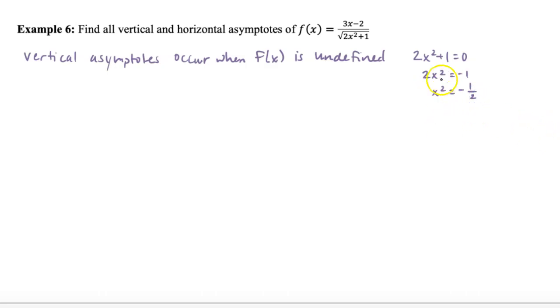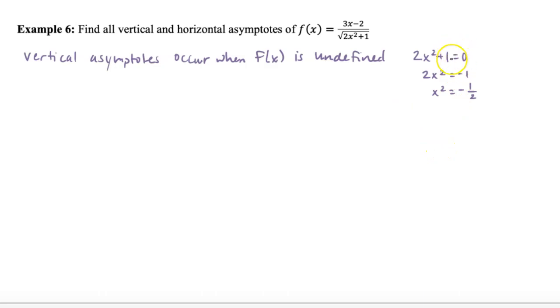And now, if I solve for x, and I take the square root of both sides, when I have the square root of a negative, remember that that doesn't exist. That's an imaginary number which is not going to occur on our coordinate plane. And so in other words, there is no x value that's going to give us a denominator of 0.